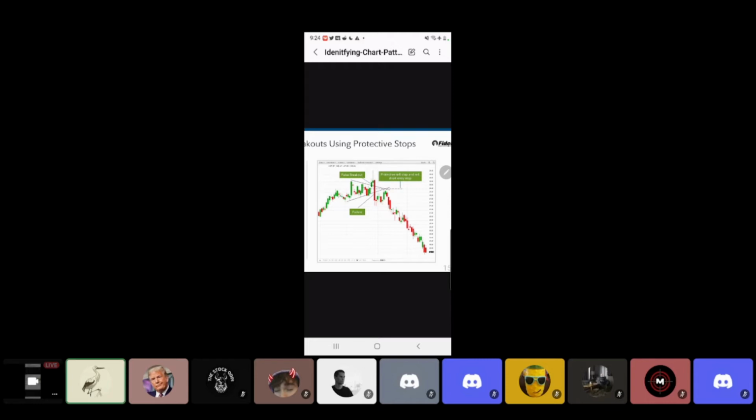Once you see a pattern forming over time, you can see them forming from far away. If you see the left shoulder, then you see a little head creating, you're like, okay, this could be a basic head and shoulders. Sometimes they play out, sometimes they don't. Nothing is perfect in life, nothing is guaranteed.